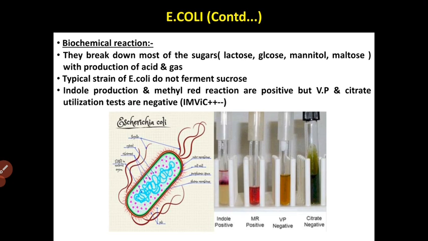Now here is a small i in between. Small i stands for 'in', as the citrate test requires coliform samples to be placed in citrate. That's why it is I, small i and C. Okay. Now E. coli: indole production and methyl red reactions are positive, but VP and citrate utilization tests are negative. This is its biochemical reaction. Okay.